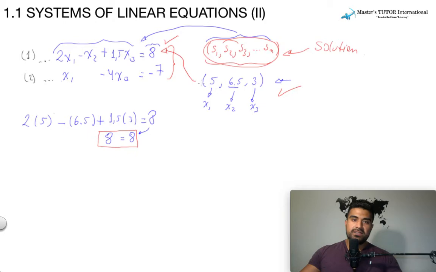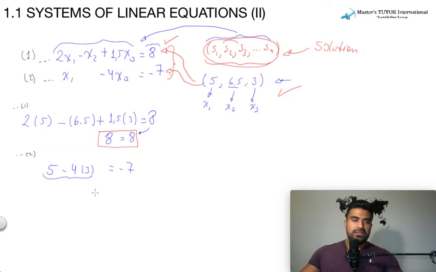Now we replace these same values in the second equation, equation 2. That was equation 1; now we do the same in equation 2. Just replace the values. x1 is now 5. 5 minus 4 times x3, and x3 is 3. And this is equal to minus 7. This is what the equation says.